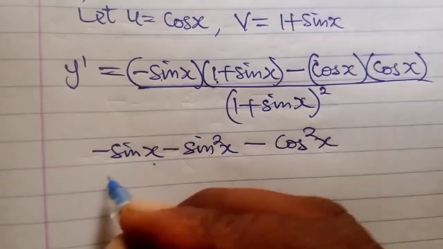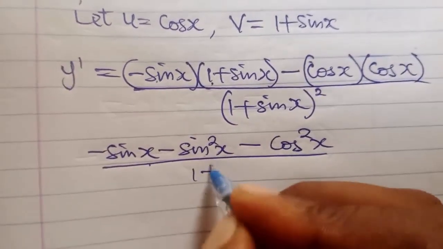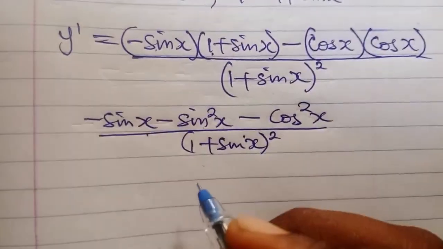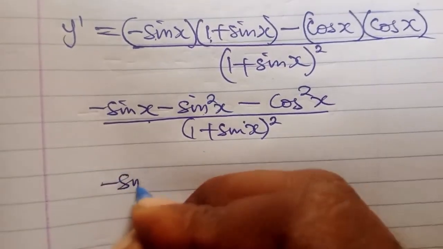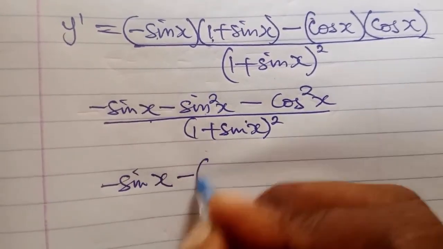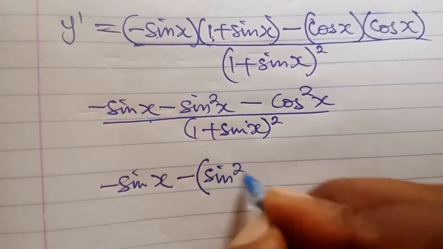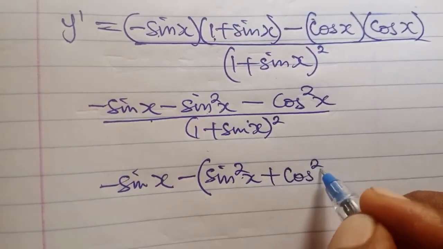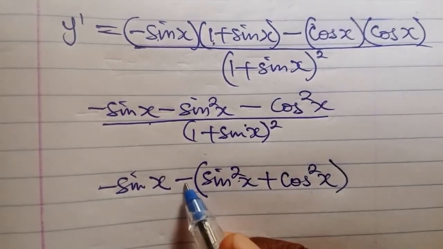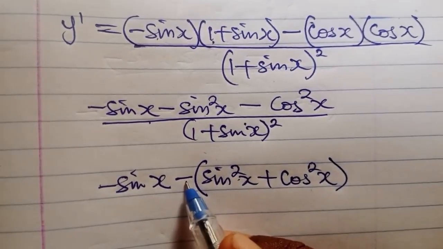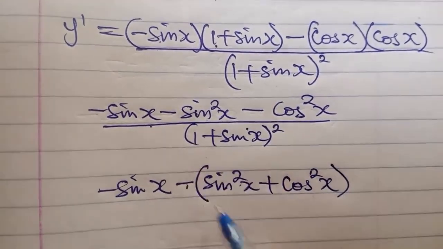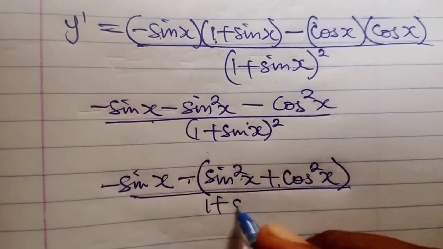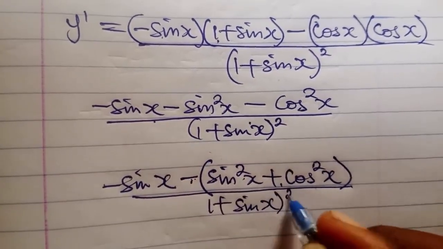If we bring them closer, we can say negative sine x minus, being outside, sine square x plus cos square x. Factoring the negative sign out will make sure that when we multiply this, we get back this, all over 1 plus sine x all squared.